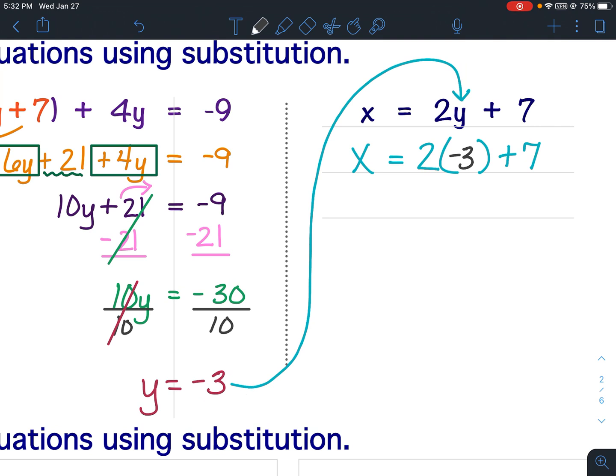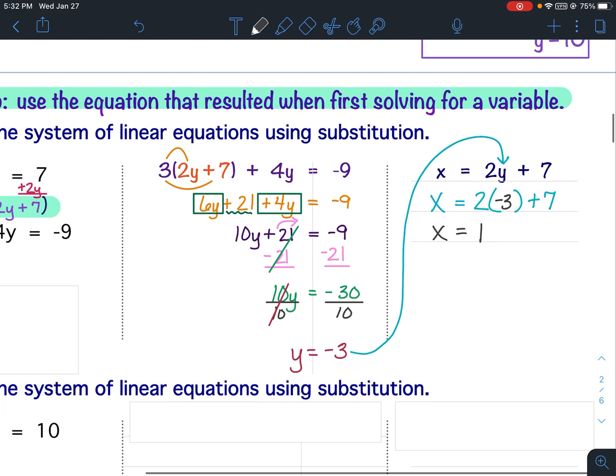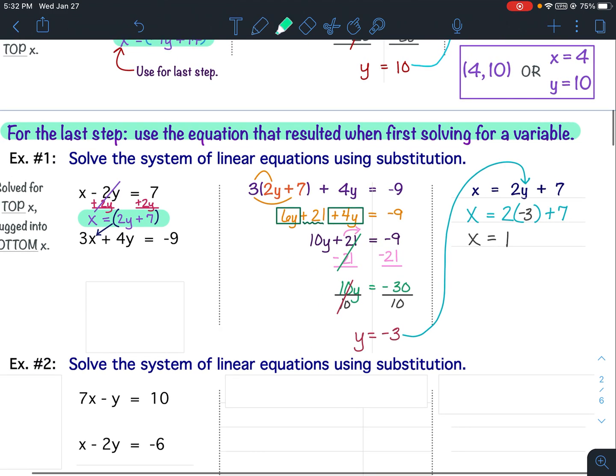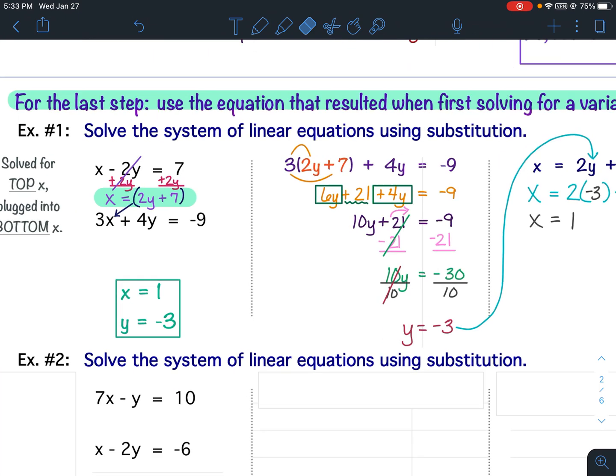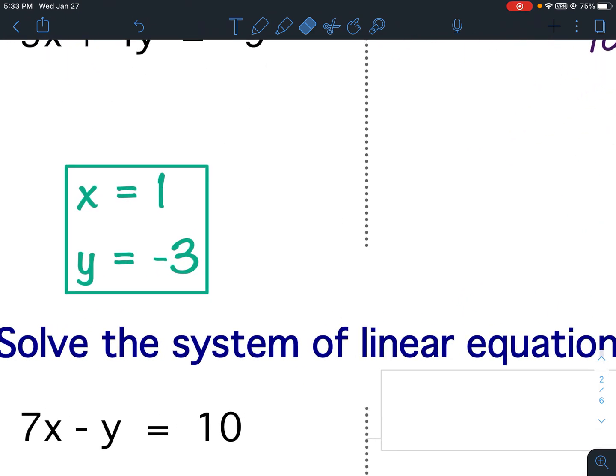Put that in your calculator at once. 2 times negative 3 plus 7 would give you 1, because negative 6 plus 7 is 1. All right, so our final answer is x equals 1, y equals negative 3.